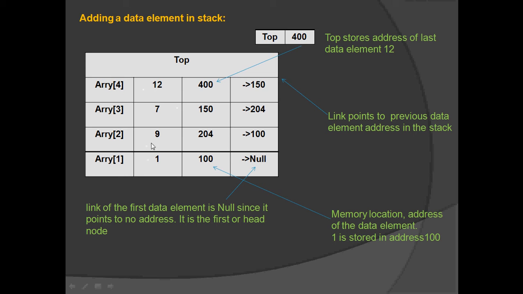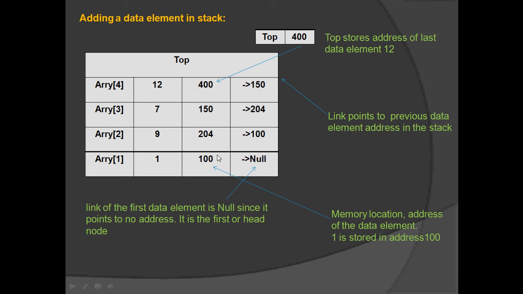This contains one element, this contains another element, like that. As you know, in a linked list each node takes two parts: one for the data, and one that points to the address of the next data.